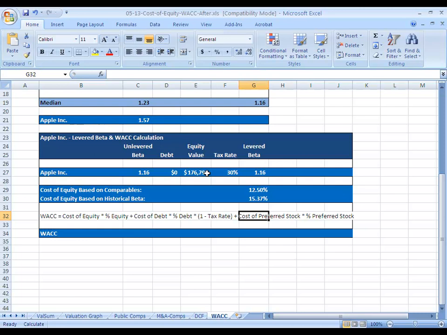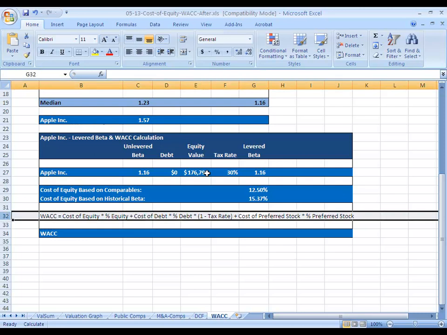Remember, the idea behind WACC is that we want to look at what the average investor in Apple, in all of its capital structure, could expect to earn on their investment. From the perspective of Apple, it shows them overall, on average, how much does capital really cost? How much does it really cost to run their business and to fund operations and to get capital from all these different sources?